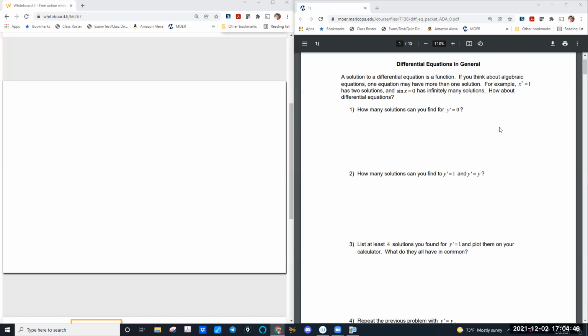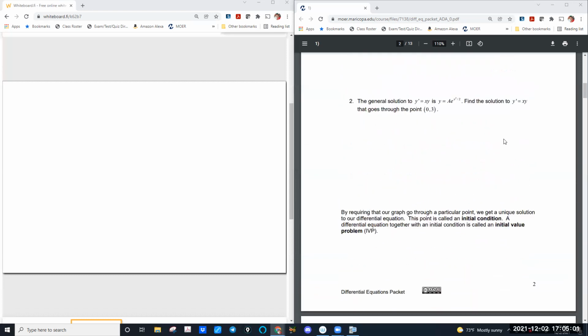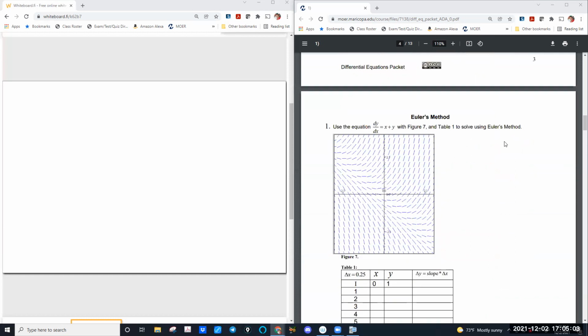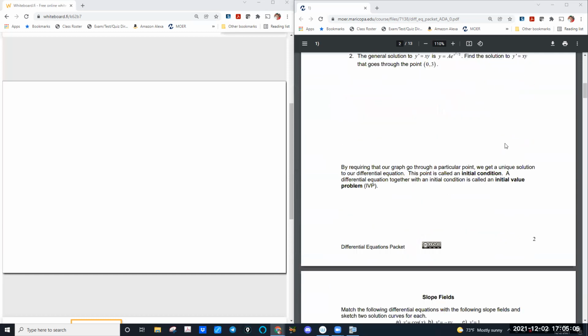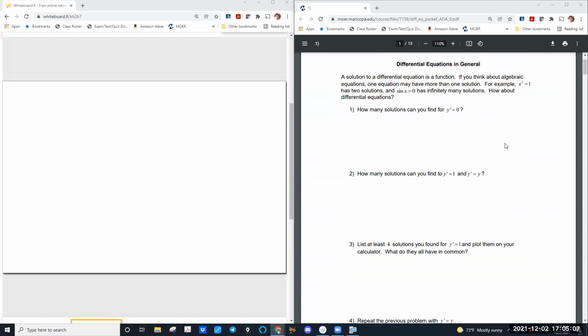If you want to print this out, or if you use a tablet and want to write solutions in here, totally fine. Guys, if you can do the problems on this worksheet, you'll have no problem with differential equations on the final exam. Let me just double check. Yeah, the only thing that's not explicitly covered in this worksheet is verifying the solution to a differential equation.